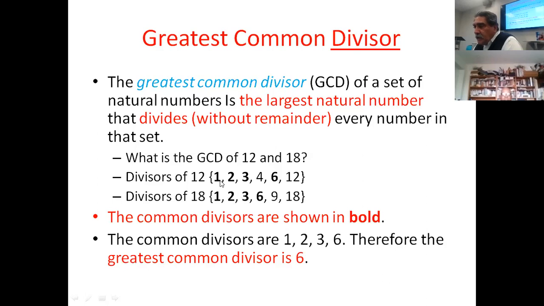The common divisors are 1, 2, 3, and 6. But which one is the greatest? 6. So there is no number larger than 6 that both 12 and 18 can be divided by and have no remainder. Agree? Mm-hmm. Okay.